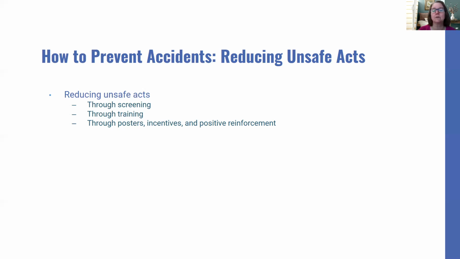Employers also use various tools to motivate worker safety. Safety posters are one, but are no substitute for comprehensive safety programs. Employers should combine them with other techniques like screening and training to reduce unsafe conditions and acts, and change the posters often.